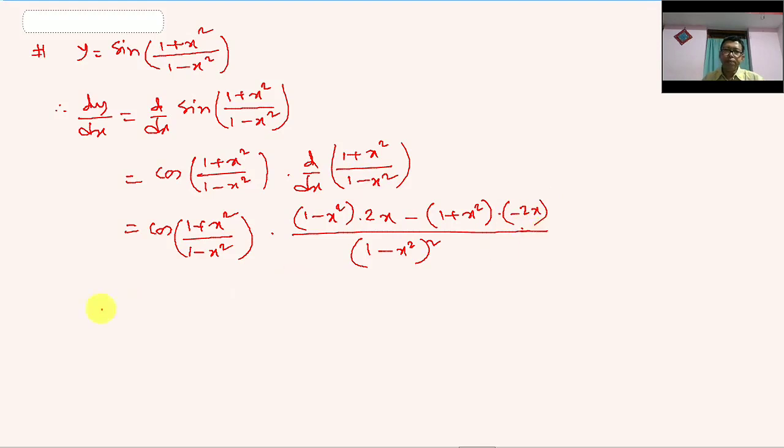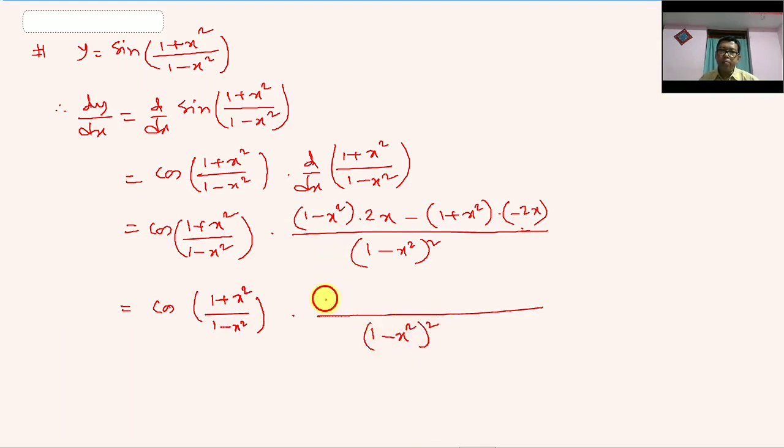So again you have to write cos of 1 plus x square upon 1 minus x square into denominator 1 minus x square whole square, and numerator twice x minus twice x cubed plus twice x plus twice x cubed.